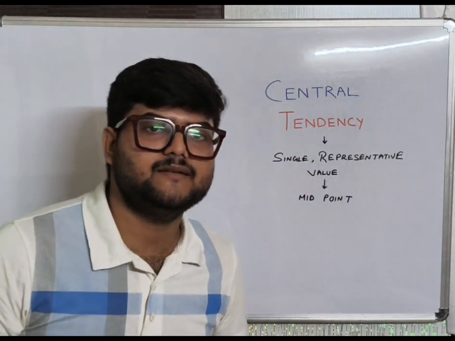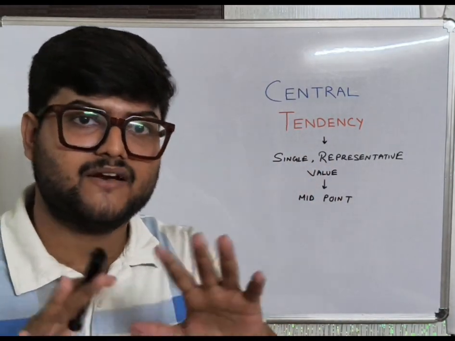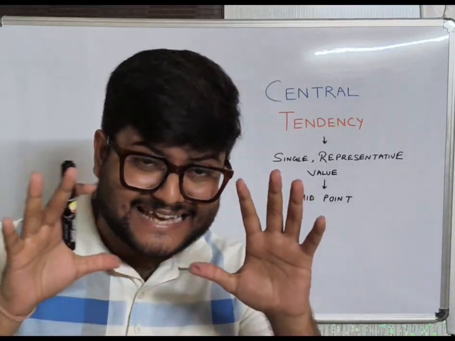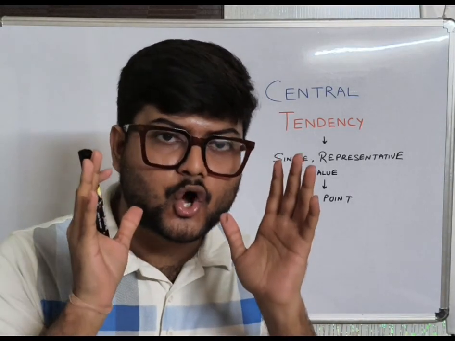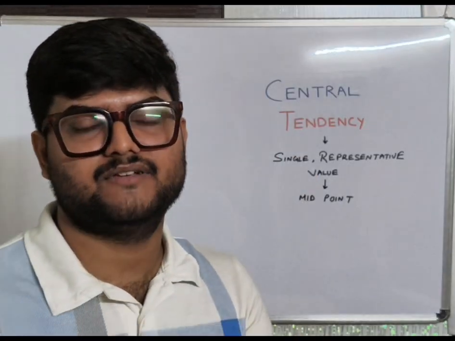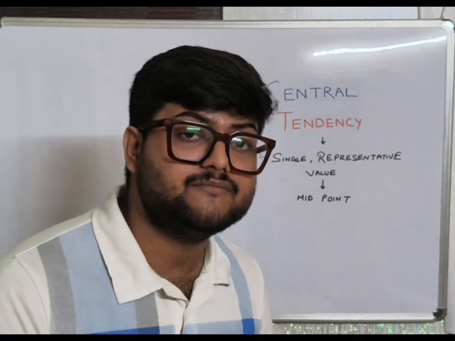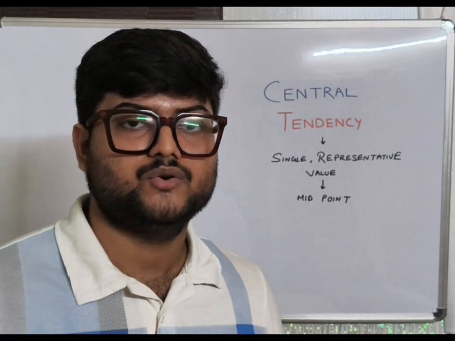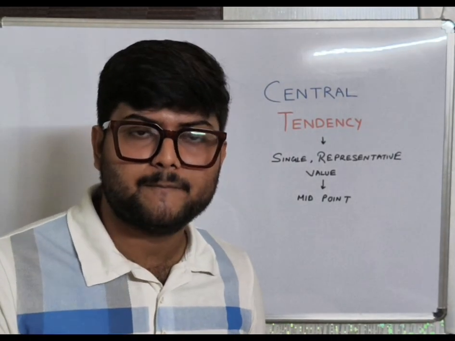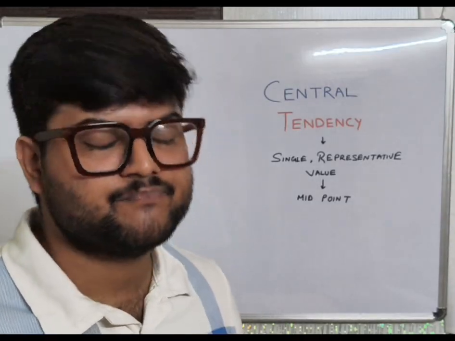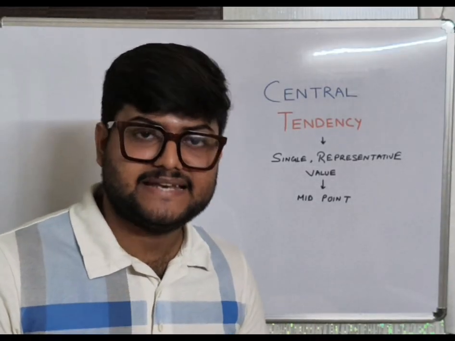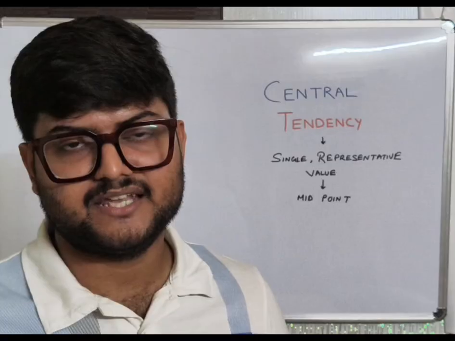Now this single value summarizes the scattered data set into a concise, understandable figure. By the help of this central tendency, we will be able to compare different data sets as well as predict the trends of the data set.